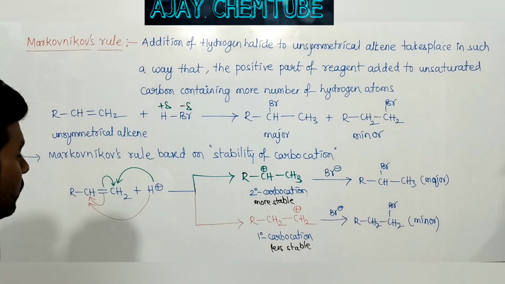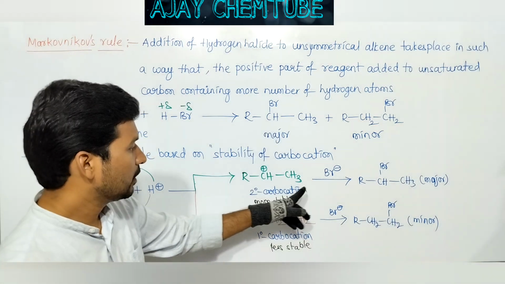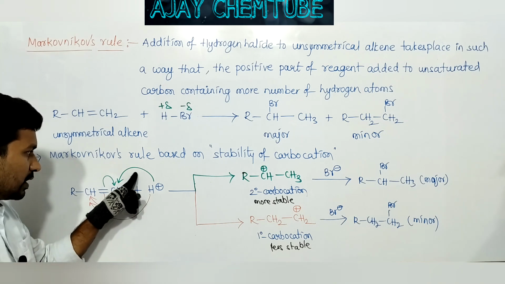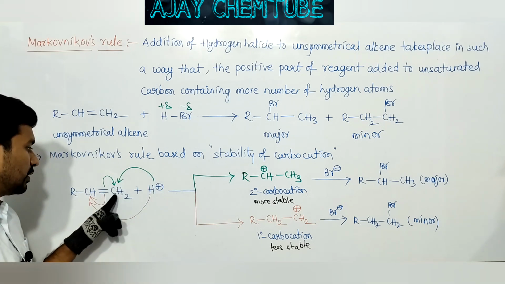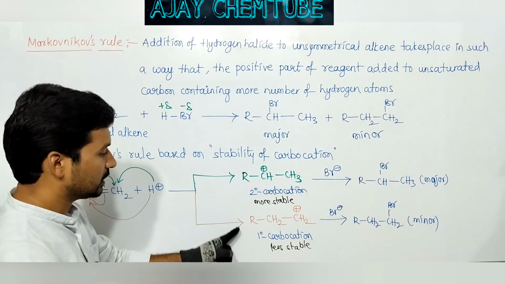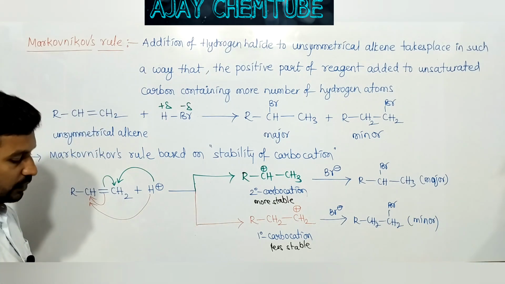So here, what is the product? Hydrogen is added to the double bonded carbon containing more hydrogen. This is the Markovnikov product, this is the anti-Markovnikov product.